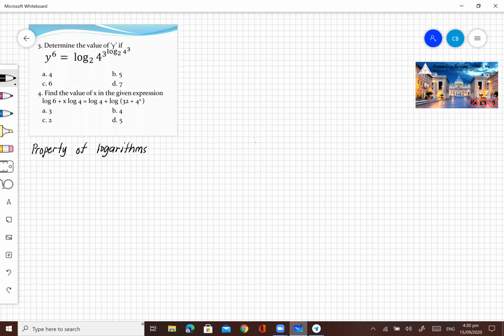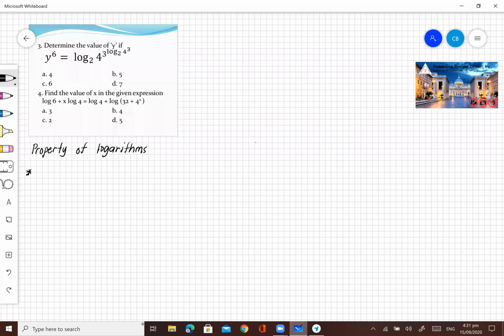Para lang din ito yung law of exponent natin. These are the different principles na pwede nating i-apply in order to simplify logarithmic equations. Marami tayong property of logarithm, so babalikan ko na lang muna rito yung gagamitin nating property of logarithm.